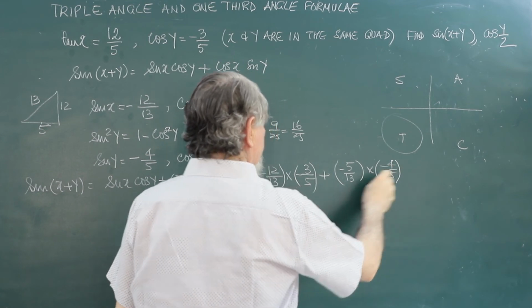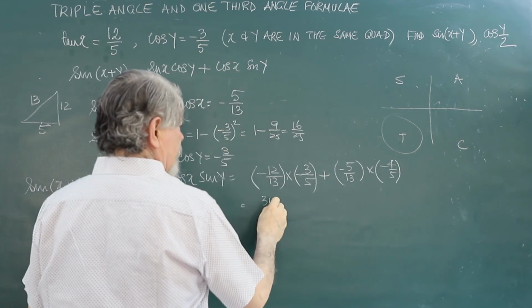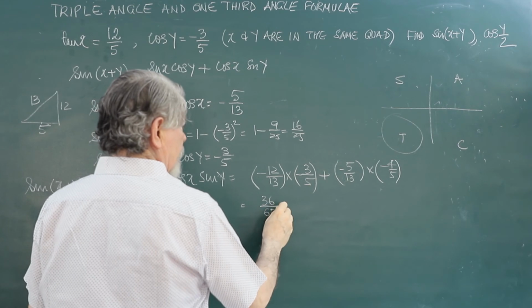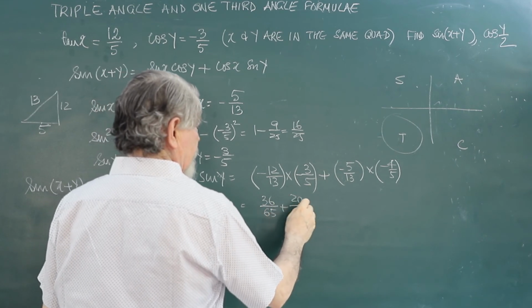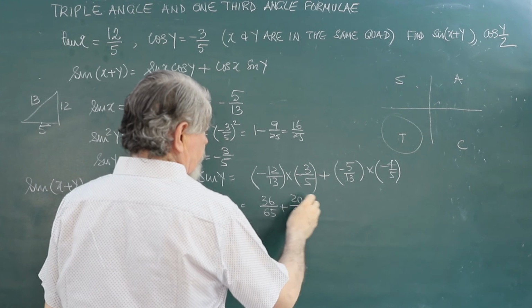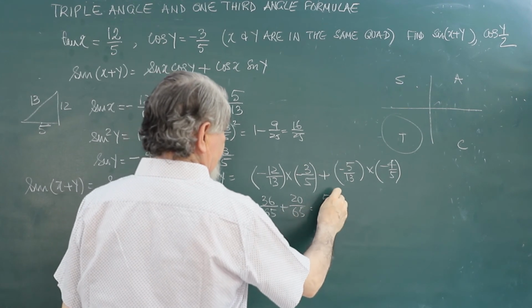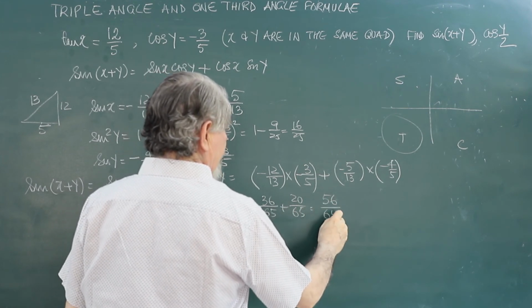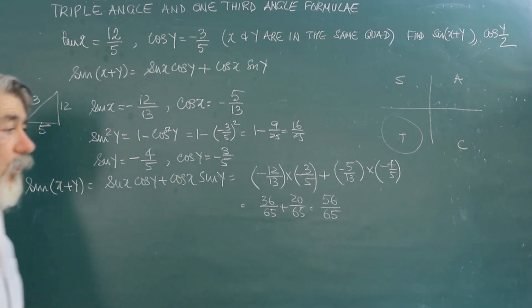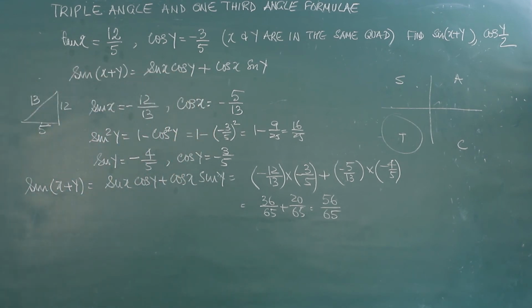All are minus, so they will become plus: 36 upon 65 plus 20 upon 65. 36 plus 20 will be 56 upon 65. That will be your value of sin x plus cos y.